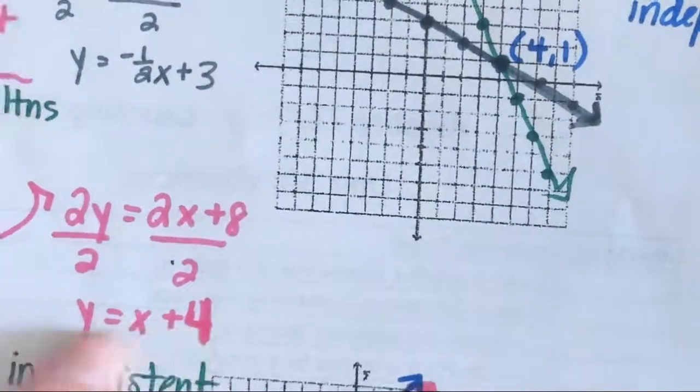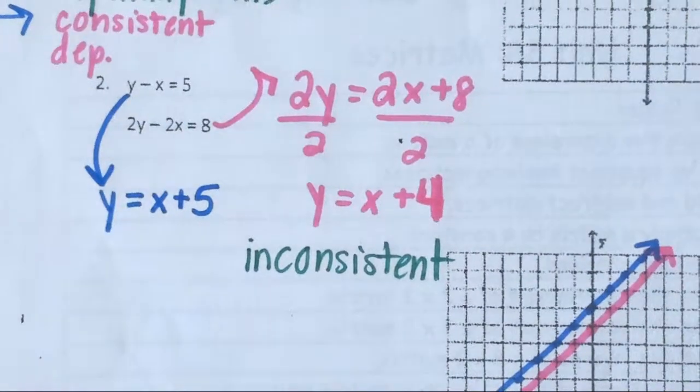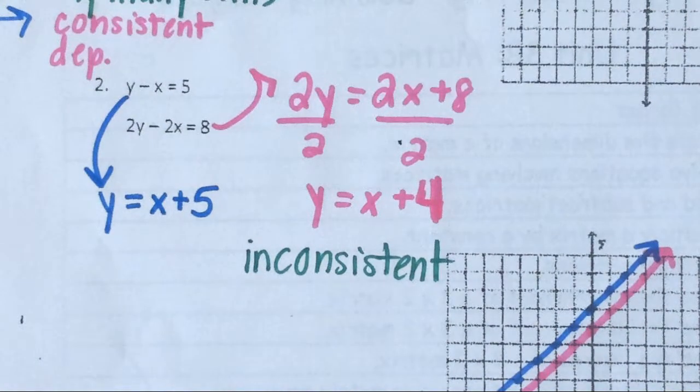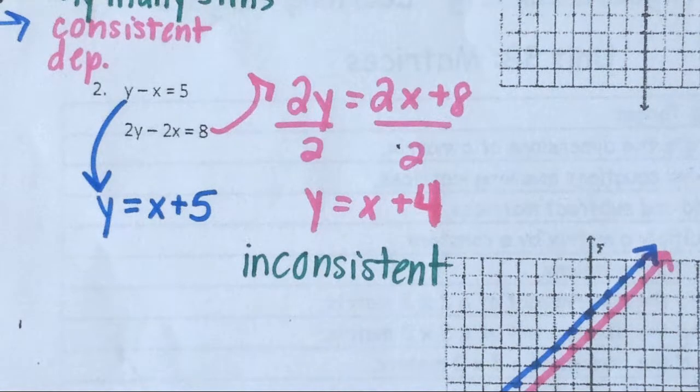Did we not just have the problem yesterday, y equals x plus 4 and y equals x plus 5? So all I did was I left one of them the same. I multiplied the other one by 2 and rearranged it. And Brady caught on to that. He's like, if you had just rearranged it back, wouldn't you have realized they have different intercepts? Yes, you would have. And then you wouldn't have had to do what we just did.